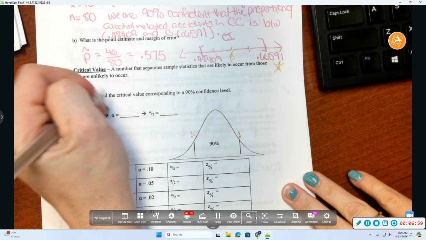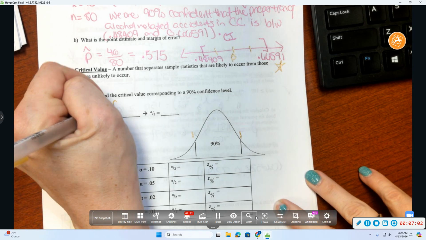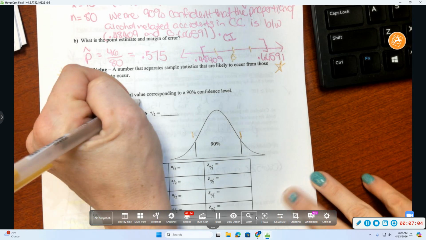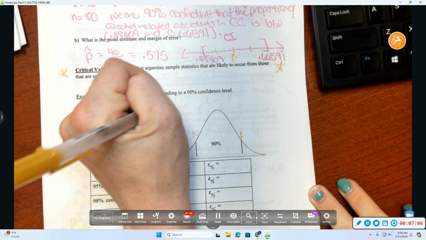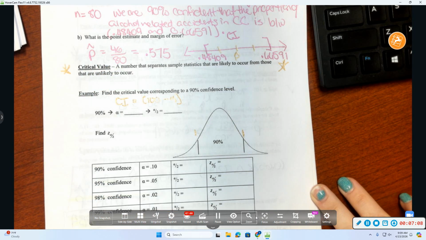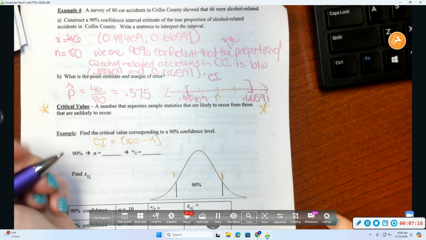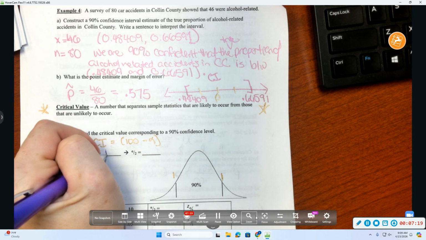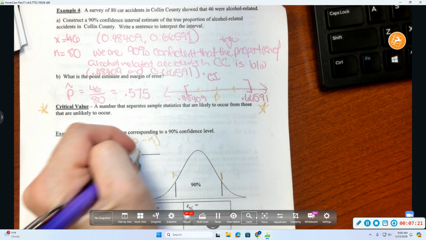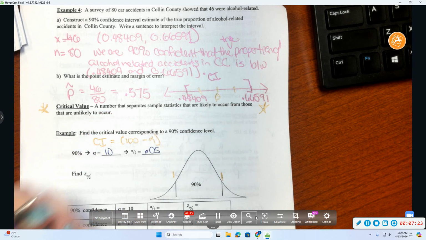Basically, to find your alpha, your confidence level, as we talked about before, is equal to 100 minus alpha. Sorry, I'll switch to a different pen. I know that might be hard to read in some cases. So 90 means alpha is 10, which means alpha over 2 is 0.05.